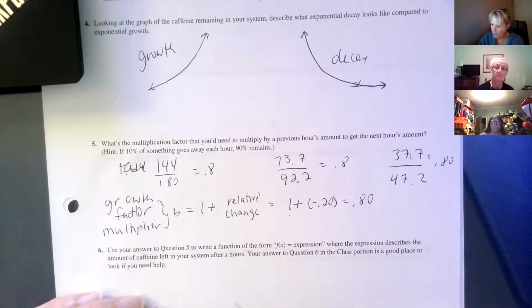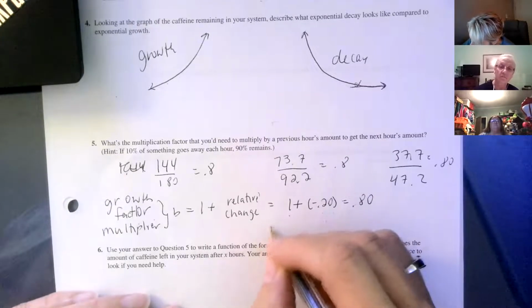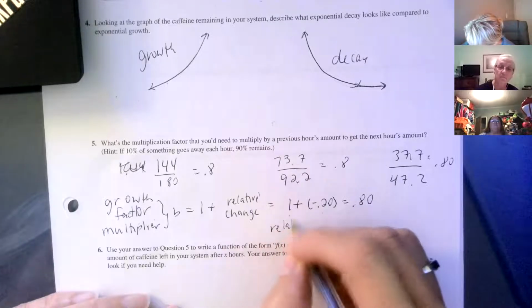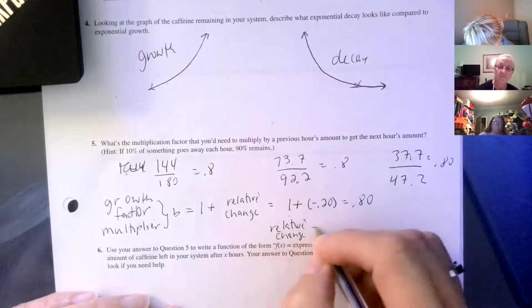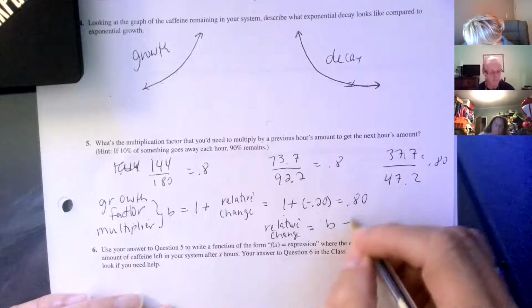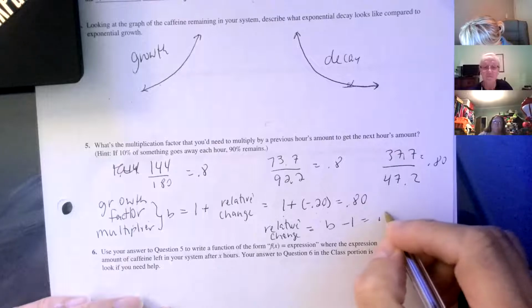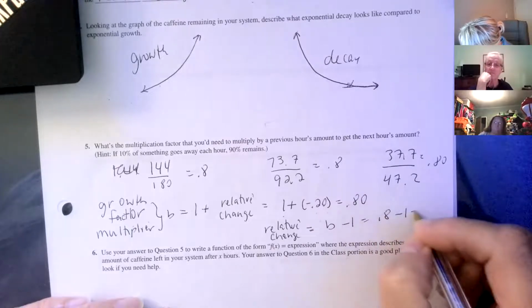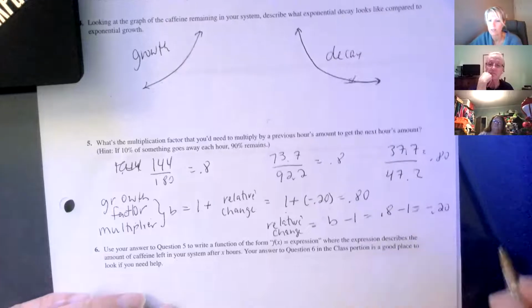And likewise, we can find our relative change by taking B, the growth factor, and subtracting 1. So if we did 0.8 and subtracted 1, we would get a negative 0.20, which is the negative 20%.